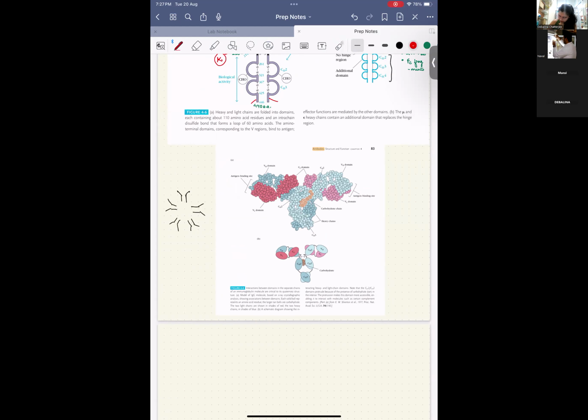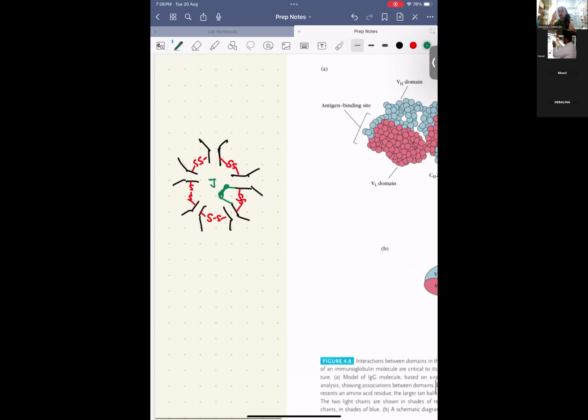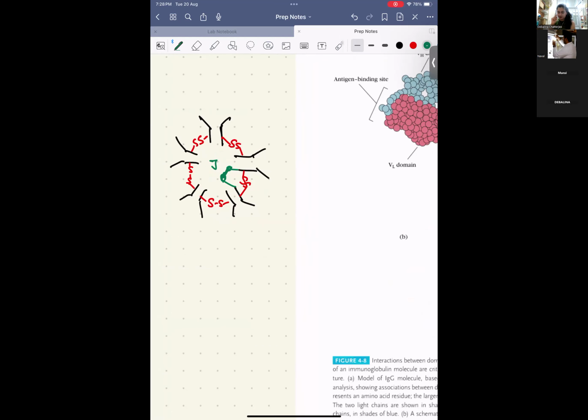So in the red, we have disulfide bonds that are keeping all the pentameric peptides together. And there is also one J chain that can link just two of these together.